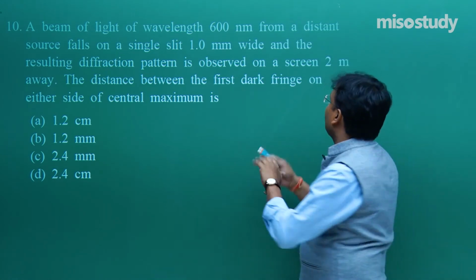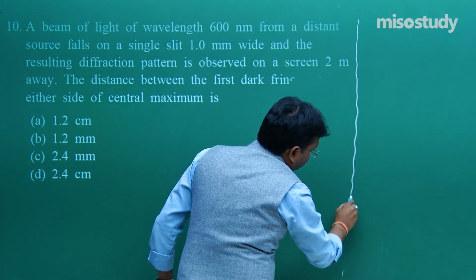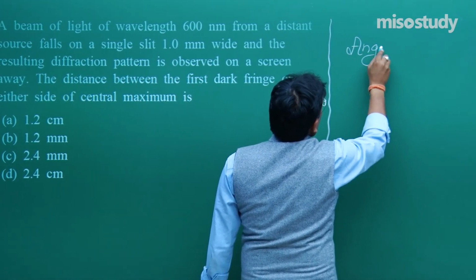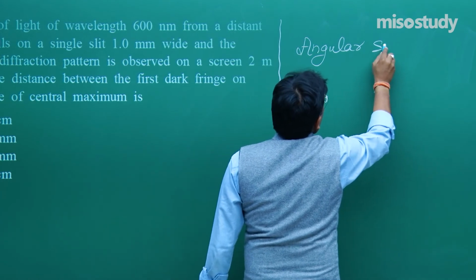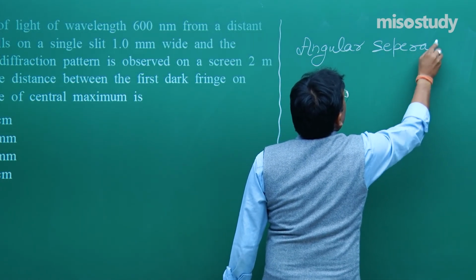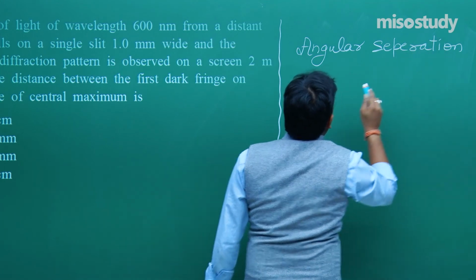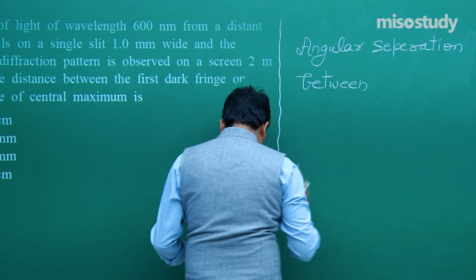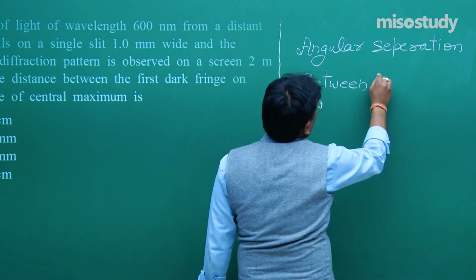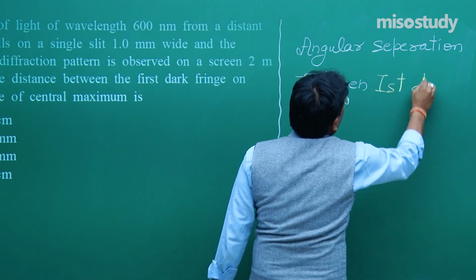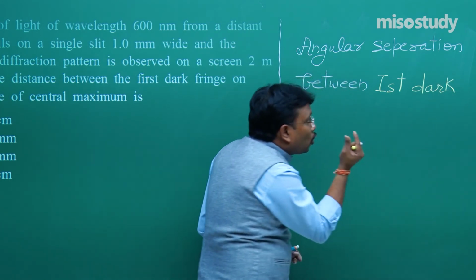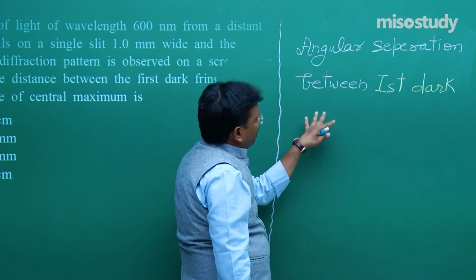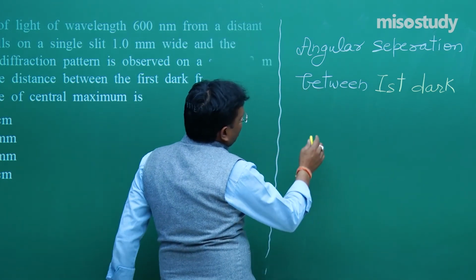So, please do the practice. Angular separation between first dark fringe on either side of the maxima, some crucial points I am mentioning with different colors.